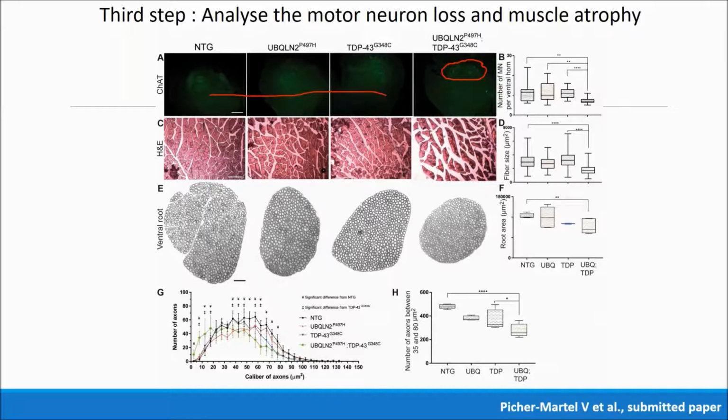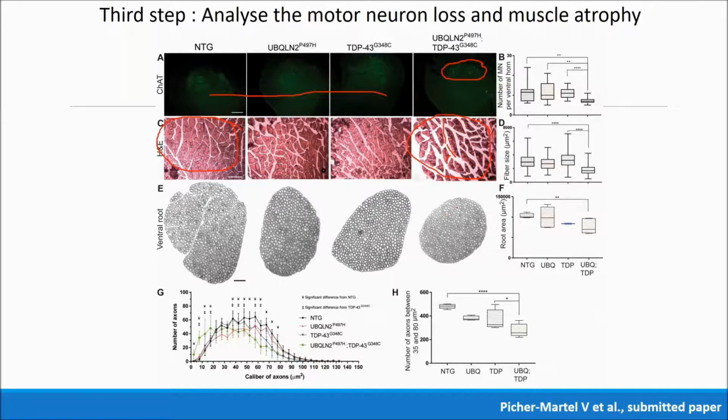Also, we observed that the muscle fibers were reduced in size compared to the non-transgenic, and there is more white inside the picture. So this is connective tissue. When fibers are reducing, it's creating more connective tissue.